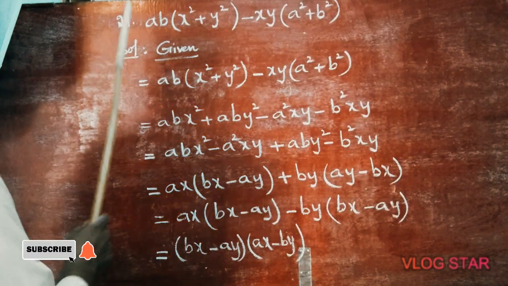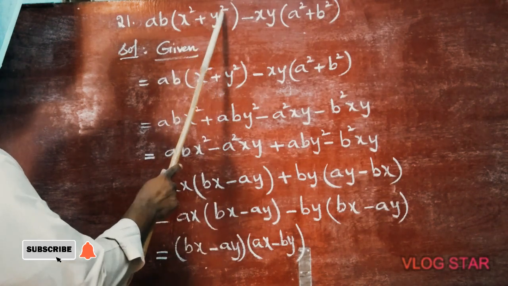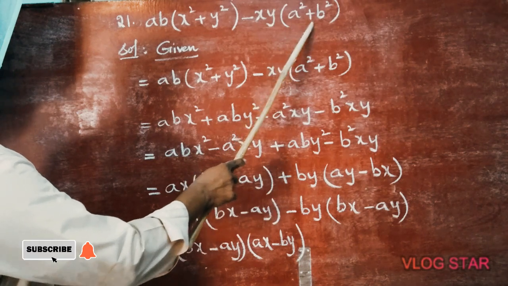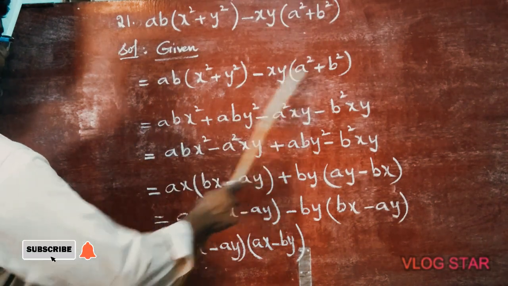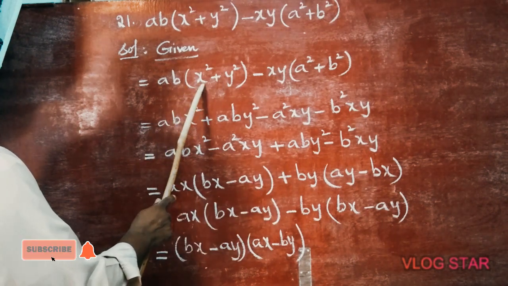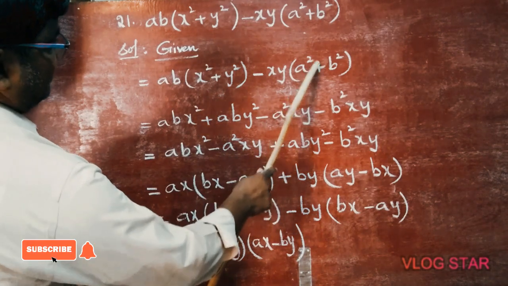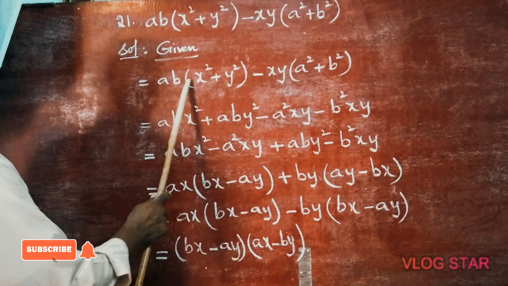First problem. AB into x square plus y square minus xy into a square plus b square. Solution given. What is the given? You are writing AB into x square plus y square minus xy into a square plus b square. Now we are multiplying. A plus into plus plus.